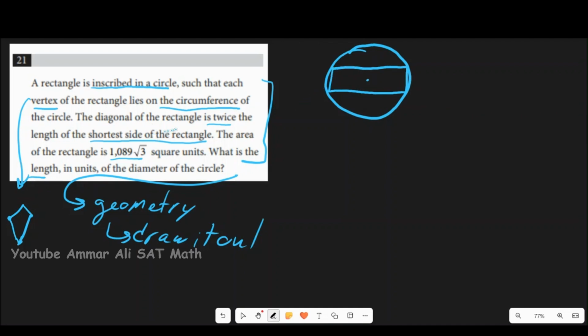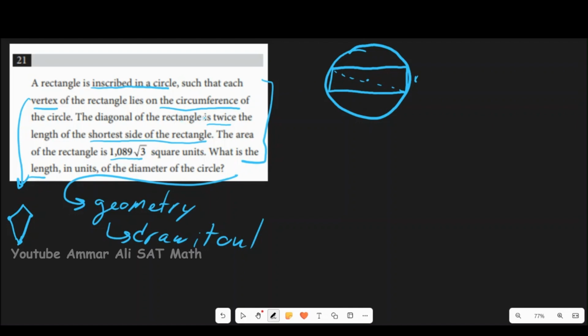The diagonal of the rectangle is twice the length of the shortest side. So we have some length x on the shortest side, and the diagonal, this is going to be a little tricky, not super straight, but that's okay.